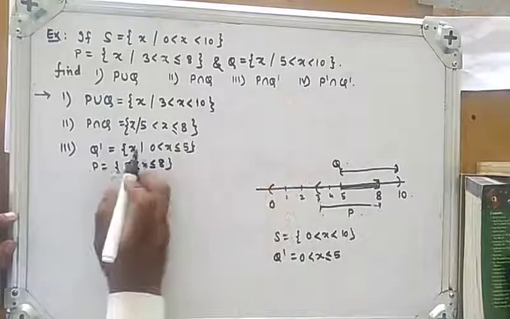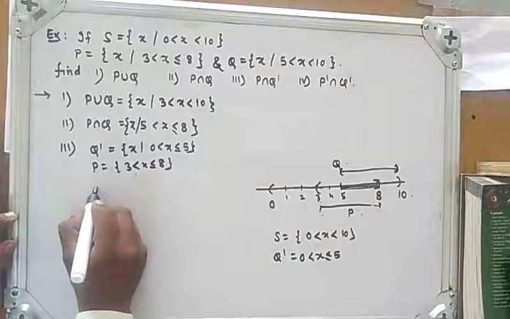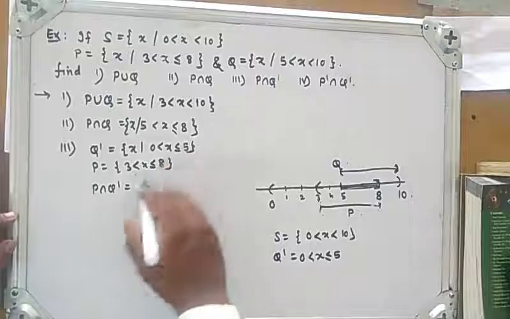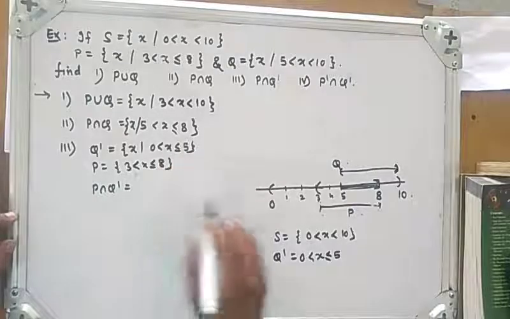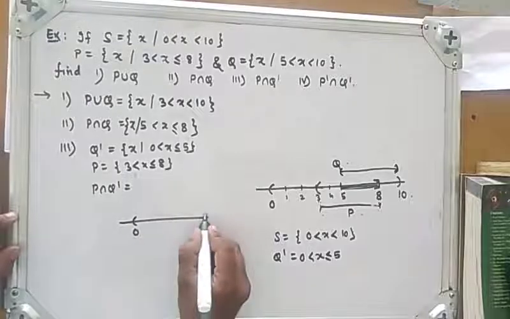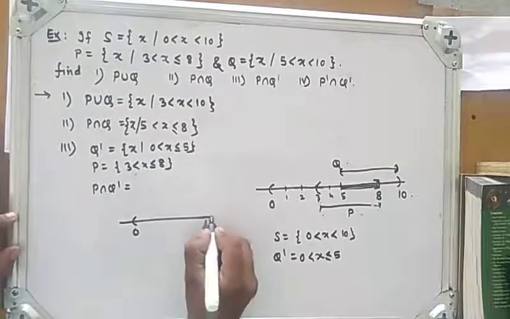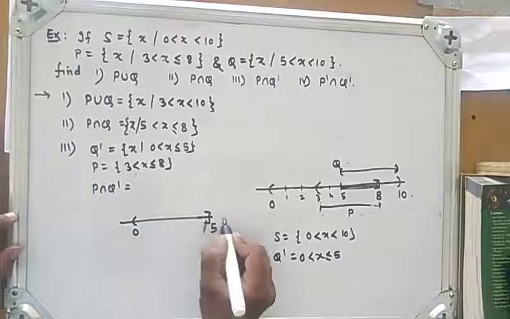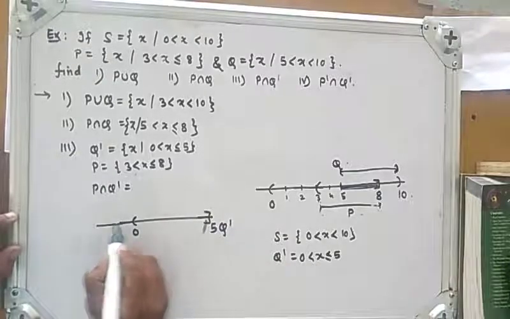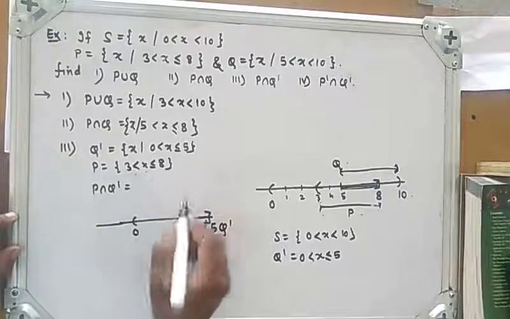Then their intersection. What will be the intersection? P intersection Q complement. What are the common points between these two? Let's see it graphically. Here 0 to 5 with a closed bracket is Q complement, and here 3 to 8.